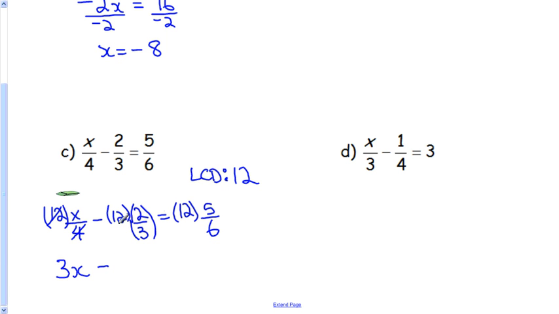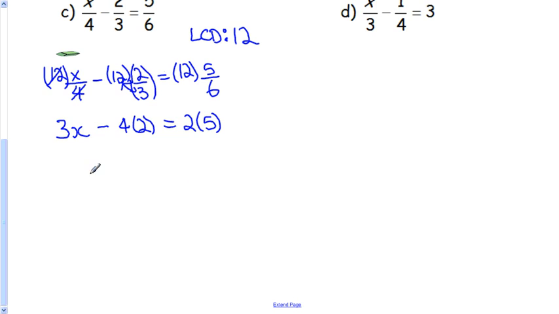Keep the sign the same here. Here I can multiply this 12 by 2, but it's actually easier to look at the 12 and the 3. 12 divided by 3 gives me 4, and then I have 2 left there. And then similarly here, 12 divided by 6 is going to give me a 2, and then I'm left with 5. Okay.